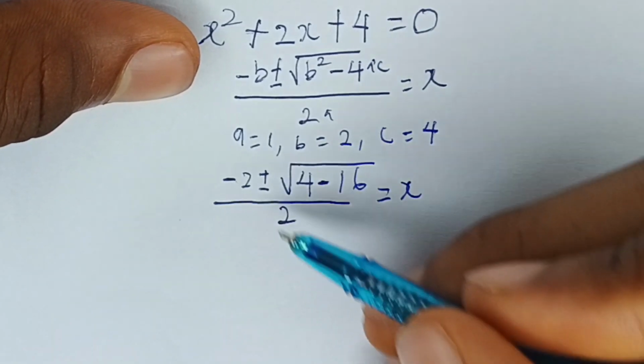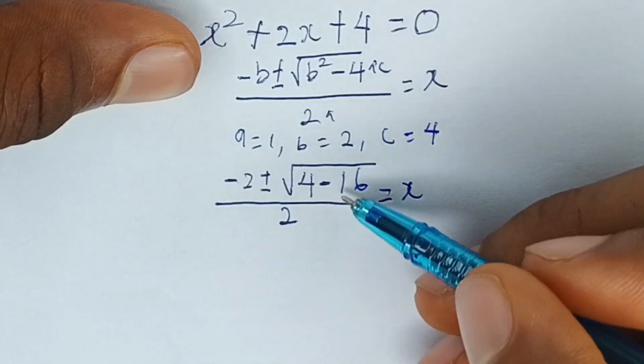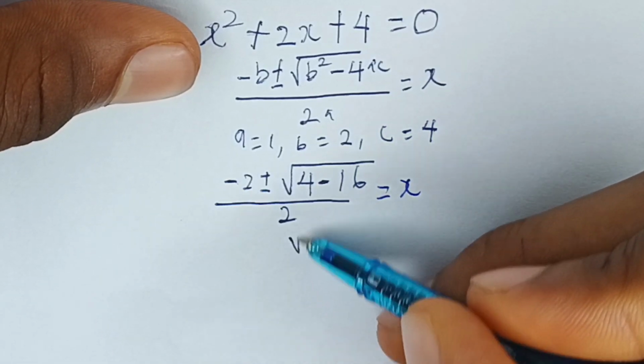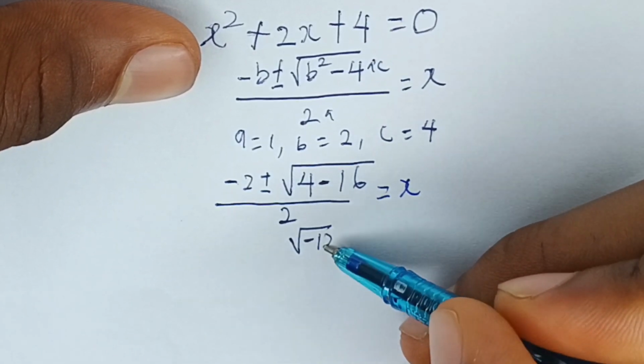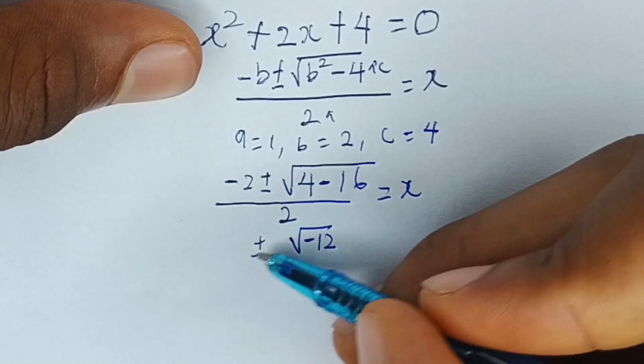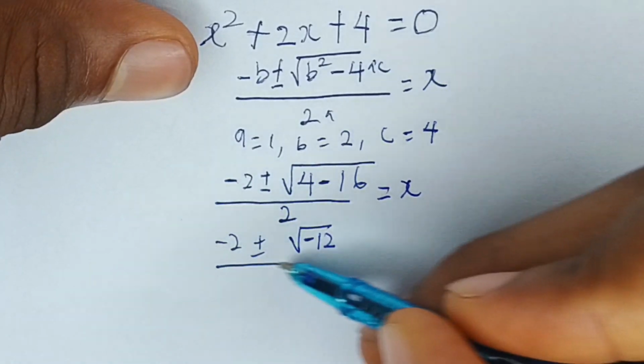Now 4 minus 16 is equal to minus 12. So we have this again like this.